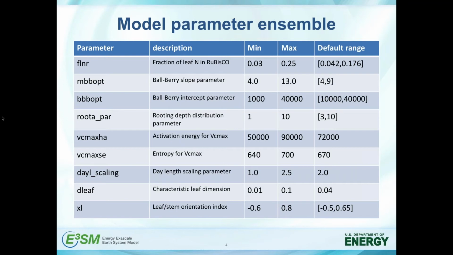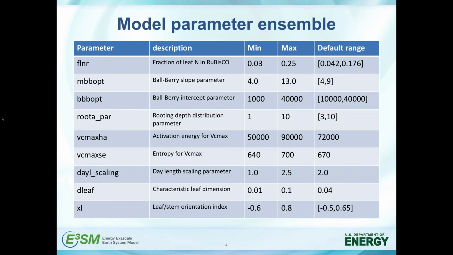The next 2 parameters deal with temperature sensitivities of Vcmax, the first one being an activation energy, the second one being an entropy that controls where basically the temperature optimum appears. The day length scaling parameter affects the degree to which day length affects photosynthesis in the model. So as the day length becomes relatively shorter, photosynthesis is scaled back. And the last 2 parameters deal with leaf physical properties, dimensions, and orientation.